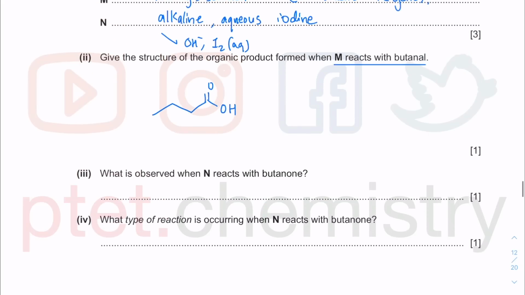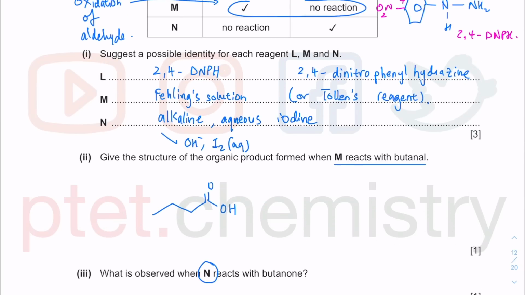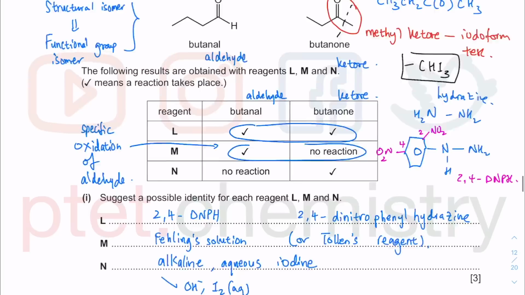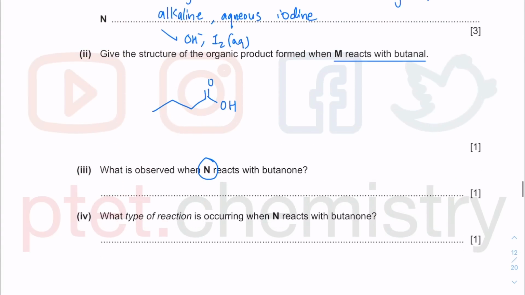What is observed when N reacts with butanone? N is your alkaline aqueous iodine. It will fragment away this thing as a yellow precipitate of iodoform. So you don't see iodoform; instead, what you see is a yellow precipitate. This yellow precipitate is your iodoform, which is your CHI3, and that forms.